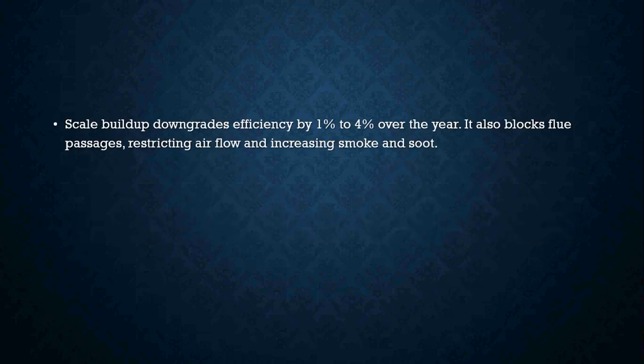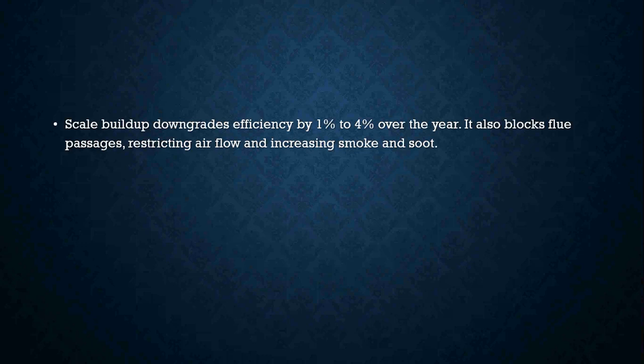It's going to corrode stuff. It's going to break stuff. We don't want that. Scale buildup degrades efficiency by maybe 1 to 4% over the year. It also blocks flue passages, restricts airflow, and increases your smoke and soot.